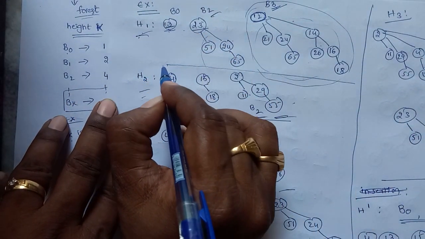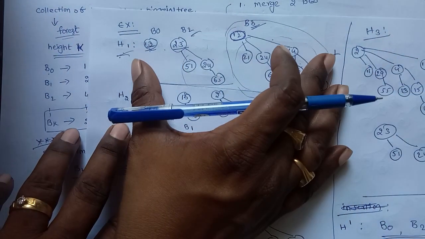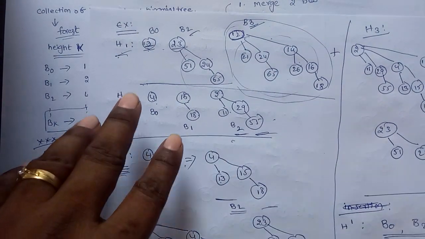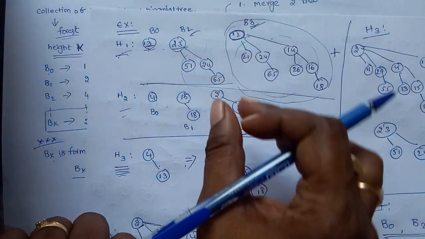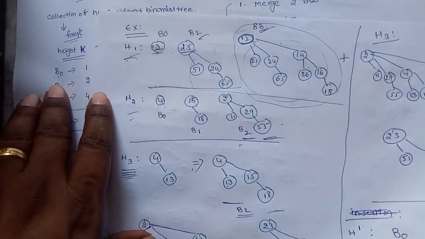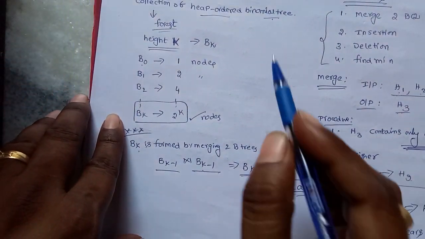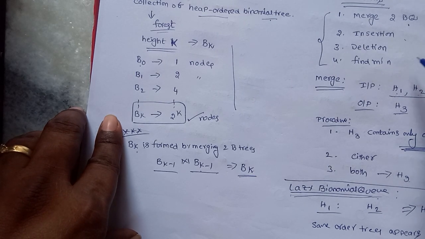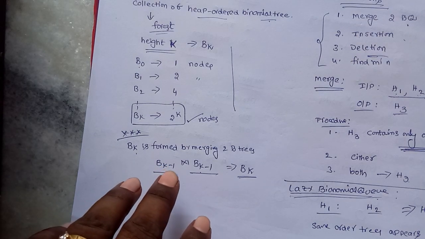I am simply attaching H1 with H2, combining H1 and H2 without performing any merge operation. That is called lazy binomial queue. Okay, this is the entire binomial queue. Main operations: merge, insertion, deletion. Deletion means we are deleting the minimum element. Thank you.